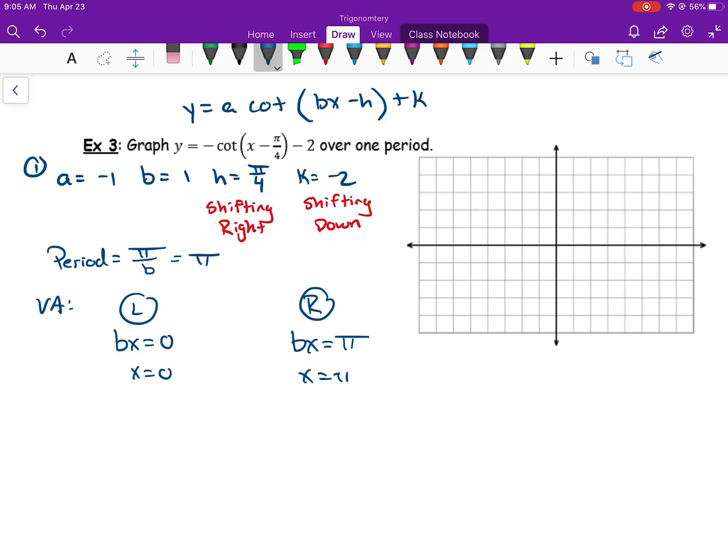So x equals 0, x equals pi. Very nice. But there's a shift. So this will apply down to there. So I need to add pi over 4, add pi over 4. So this just becomes x equals pi over 4.